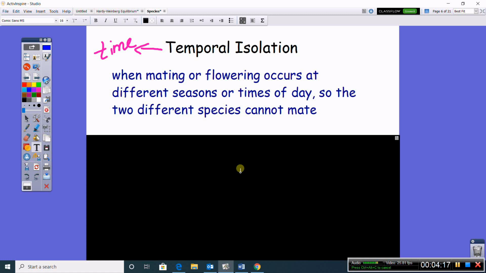Or with flowers, maybe one type of flower opens up during the day to be pollinated, and a closely related but different species of flower only opens up at night. If they're opening up to be pollinated at different times of the day, then chances are they're not going to be cross-pollinating each other.